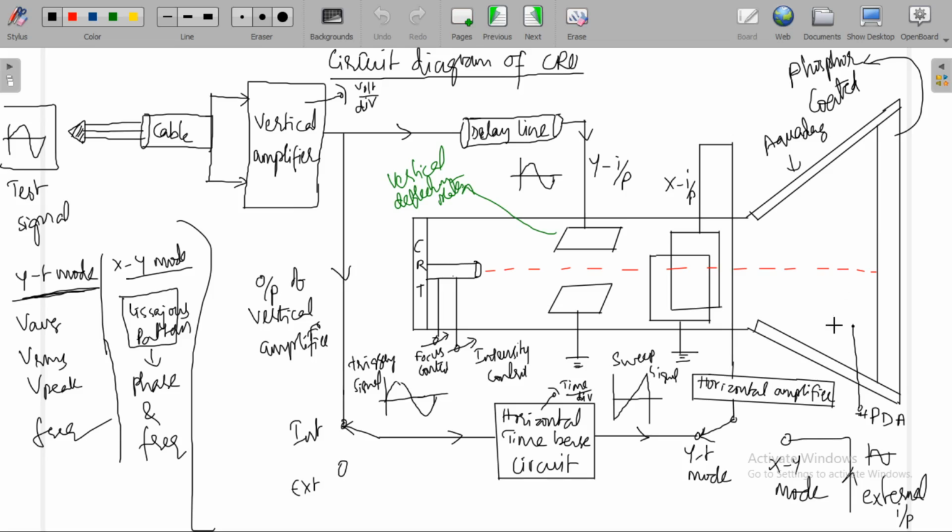In XY mode of operation, a sine wave is given to the Y input. Instead of giving the sweep signal to the X input, we are going to give an external signal to the X input. This switch is thrown to this position, then you are going to get XY mode of operation.